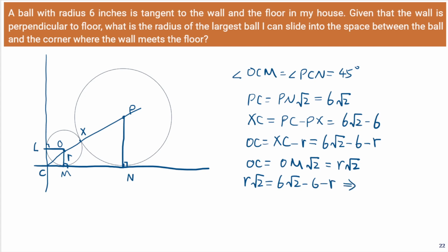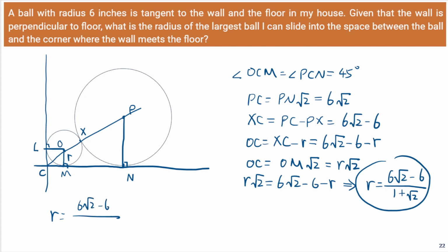And we can solve for R, which equals 6 square root 2 minus 6 over 1 plus square root 2. We can rationalize the denominator by multiplying the top and bottom of the fraction by 1 minus square root 2.